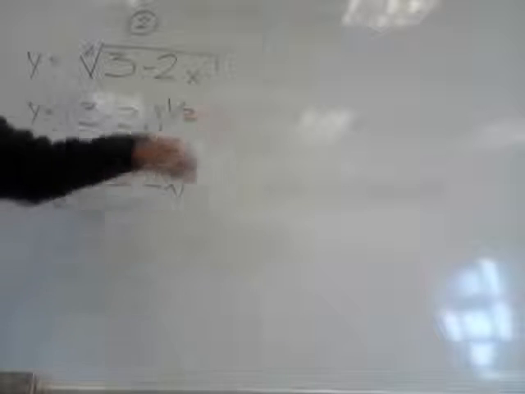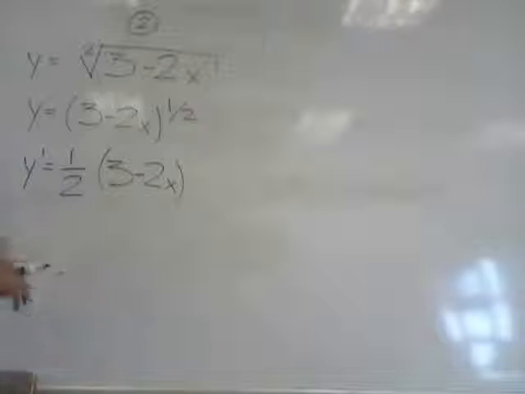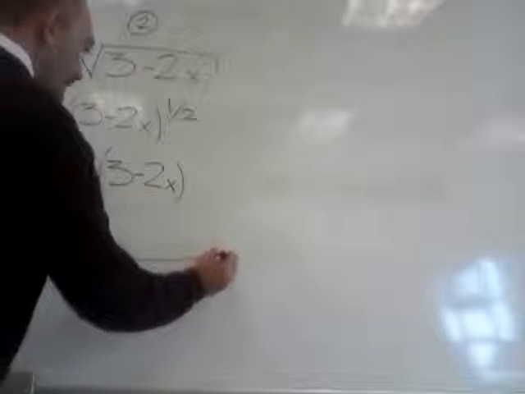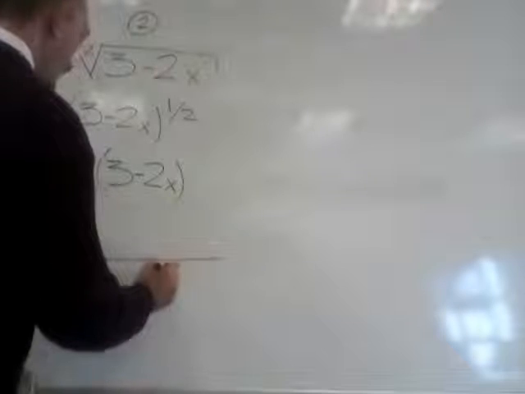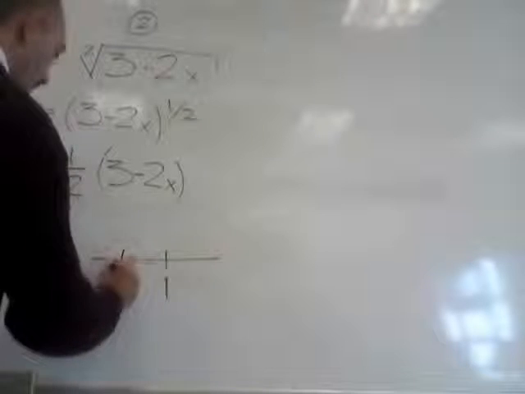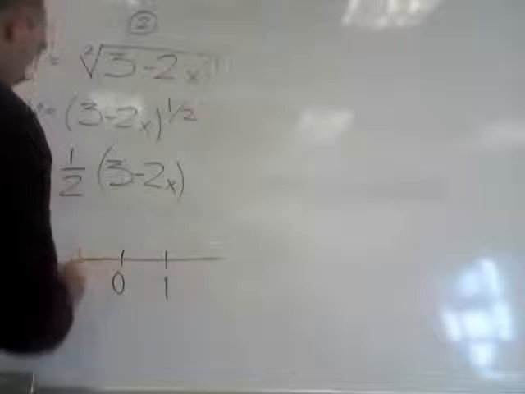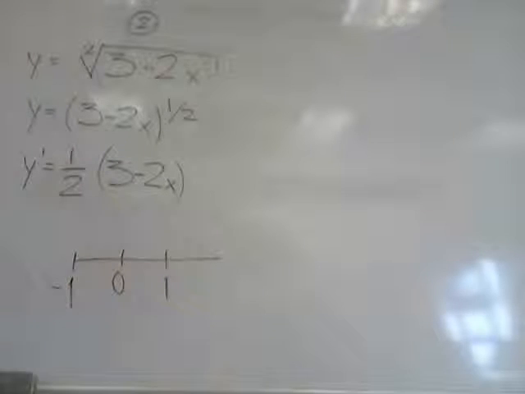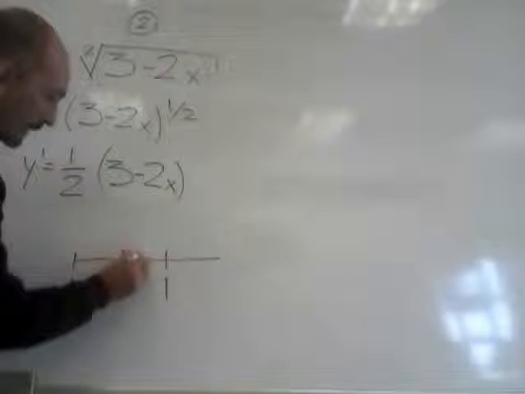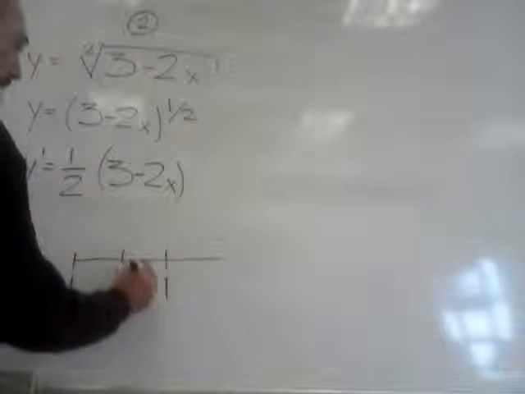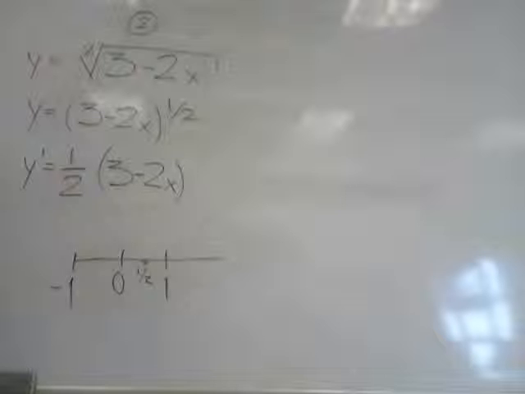Now, 1/2 minus 1, I know if I use my rect line, let's say this is 1, this is 0, this is negative 1. Okay? So I'm right here because this is 1/2 positive.